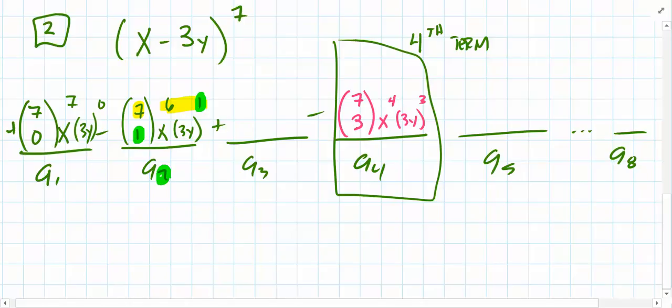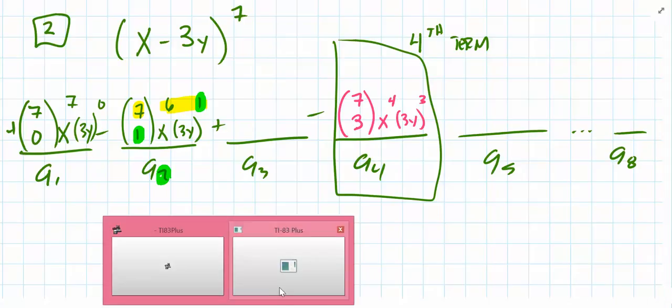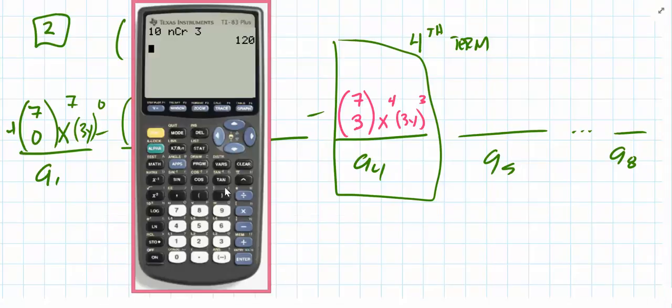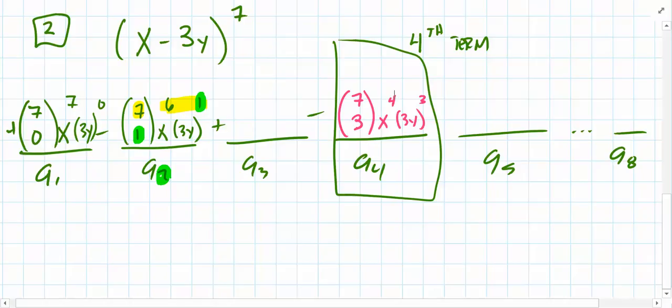So we want to compute this value. So what is 7 choose 3? Well, we can use Pascal's triangle or we can use our calculator. So I'll go 7 math choose 3, and I'm getting 35. So this is going to be 35 x to the 4th, 3y to the 3rd.